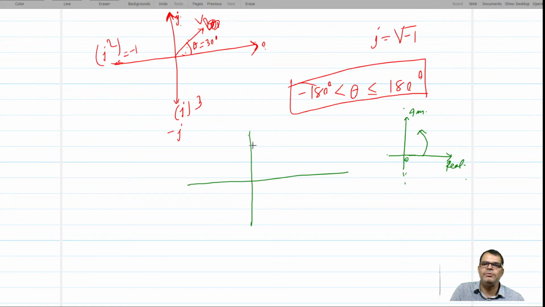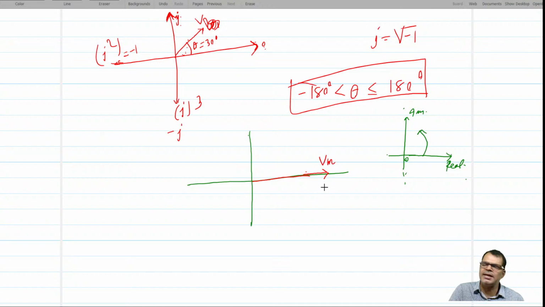So my V1 I will represent at 0 degree as a phasor, and the length of this phasor will be proportional to the value. For example, Vm, so this length represents Vm.